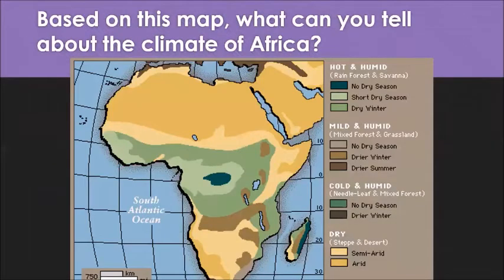Now, the climate of Africa, as you can see from this map and chart, is very, very different depending on where you are. The further north and further south you go, we're getting into the more dry and arid desert type areas, right?